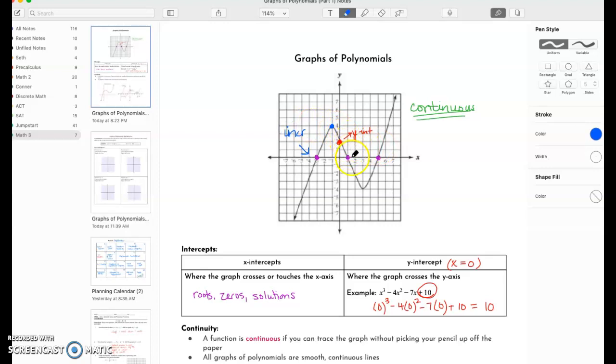And then it's going to turn and we're going to be going downhill, or decreasing, until we get to this low point, and then the graph turns again and is increasing again. So we have 2 increasing intervals and 1 decreasing interval. And again, we said we're using our x values. So what we're thinking about is, where is this graph breaking apart? Like we did with our piecewise functions, where does that change happen?